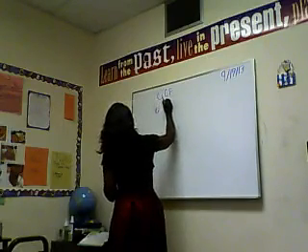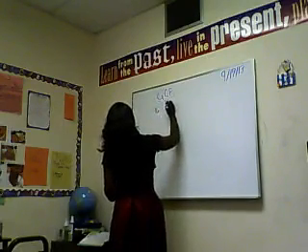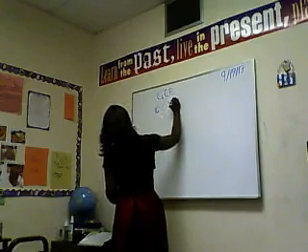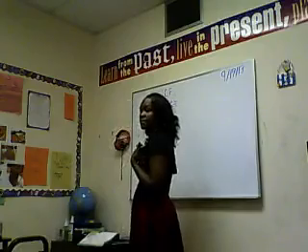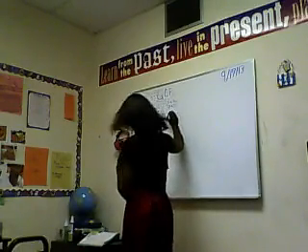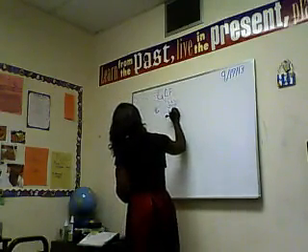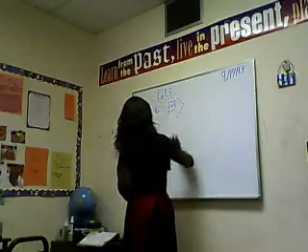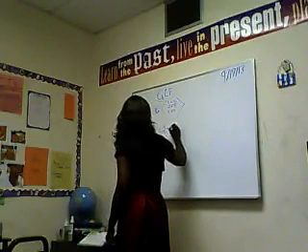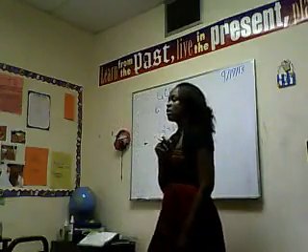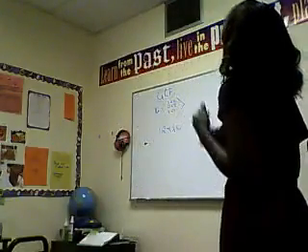Let's start: 1 and 16, 2 and 8, 4 times 4. So factors of 16 are 1, 2, 4, 8, 16. Those are the numbers that I can multiply to get 16.